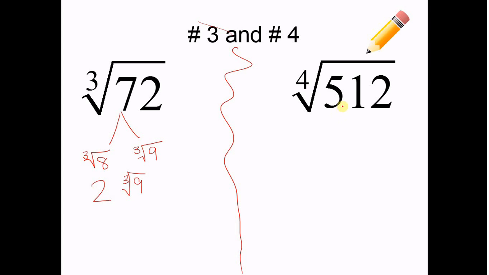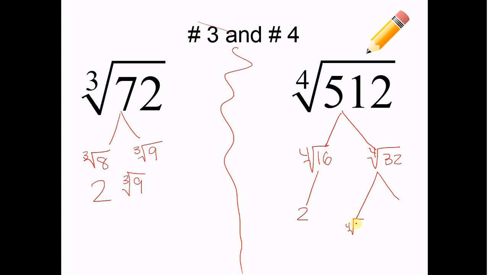The fourth root of 512. What is a fourth root? We're going to look at the fourth root column and figure out what number can go into 512. The very first thing I noticed is that 16 can go in perfectly, and 16 times 32 gives 512, so I know the fourth root of 16 is 2. For 32 though, I noticed I missed something, because 16 can go into 32 also.